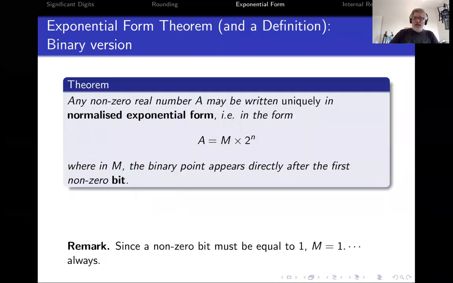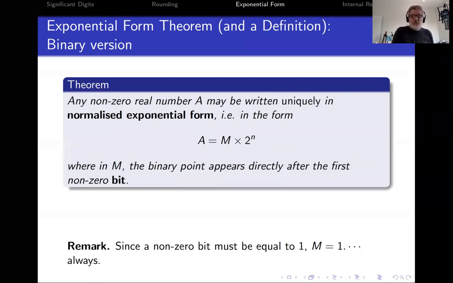So now here's the exponential form theorem. So why are we doing it in binary? Because the numbers are in binary in the machine, right? So when we're talking about exponential form in the IEEE standard, it's this one, okay? So I talked about the decimal one because we're used to that, right?